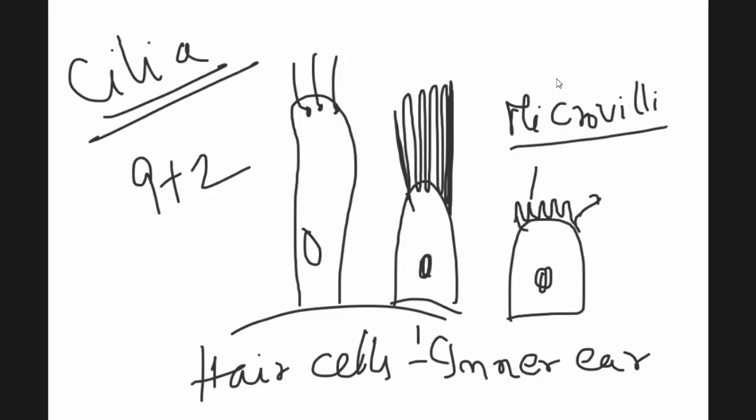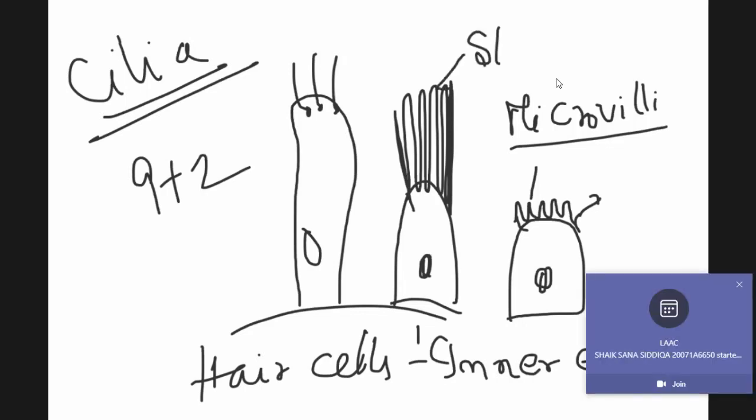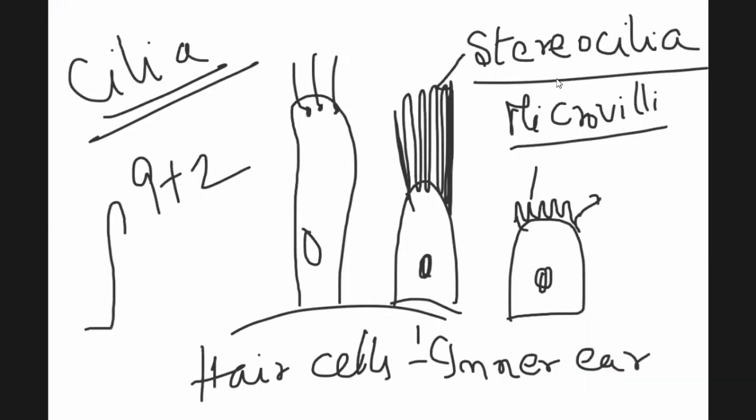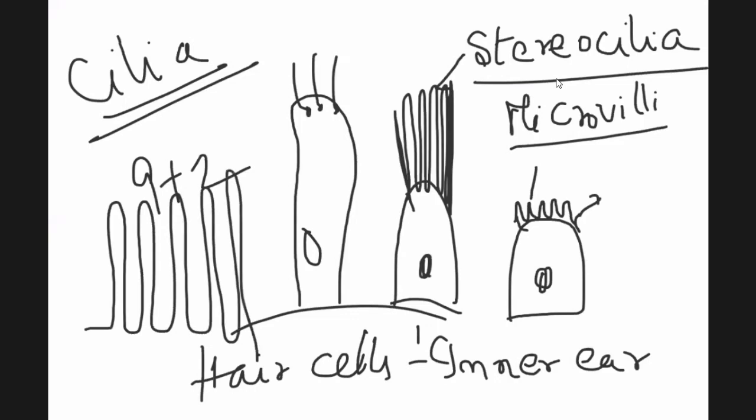They are cell membrane folds, but they are not for absorption. They are for some mechanical function. They are cilia in name only, not in function, meaning they are not motile. It's a very long cell membrane fold, and because of this long nature it may look like a cilium. They are called hair cells, seen in our inner ear.